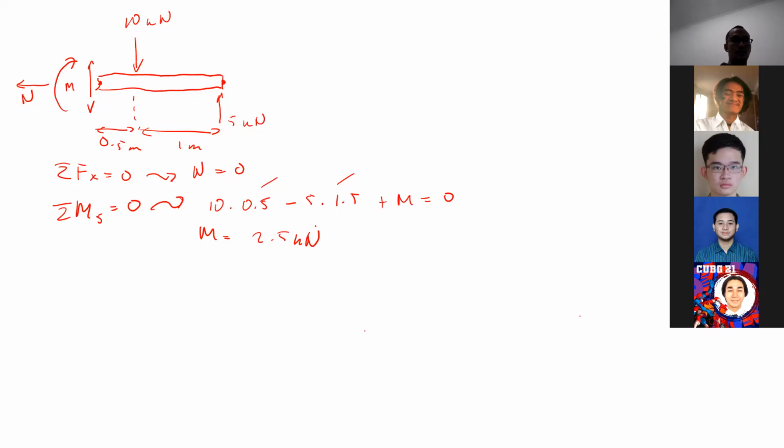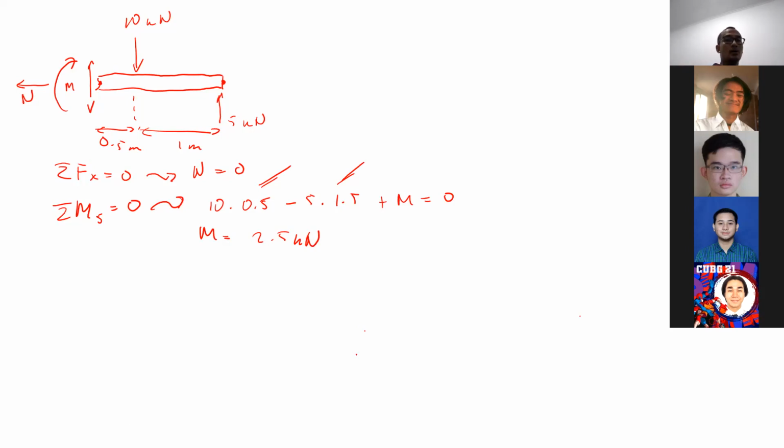Sigma moment at that location: correct, because this one is 7.5 and this one is 5, so minus 2.5, which gives a positive 2.5 kilonewton meter. So this one is the moment.